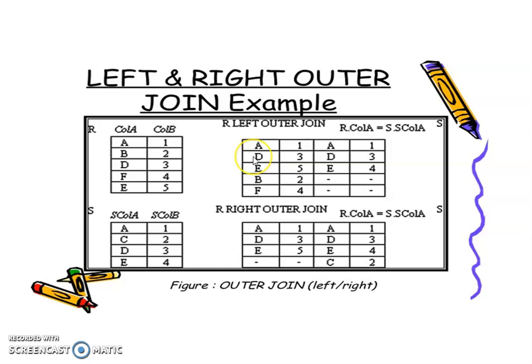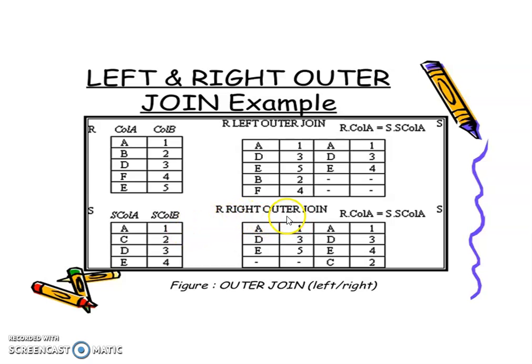These are the examples of left and right outer join. In left outer join, keep the data from the left hand side table. It means R with column A and column B, R left outer join S on R.column A equal to S.column A. So the data from the left hand side is kept.